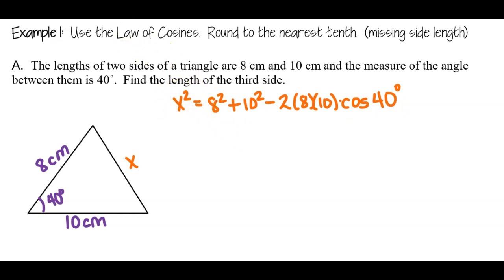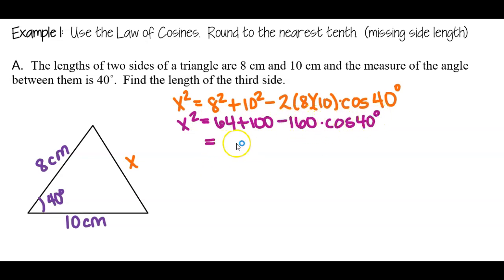Now we can go through and solve this out. x squared is 64 plus 100 minus 160 cosine 40. We can do this sum here, so we have 164 minus 160 times the cosine of 40 degrees. When you put this in your calculator, make sure you are in degree mode since you're doing cosine of a degree measure.